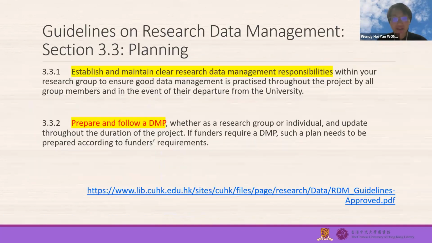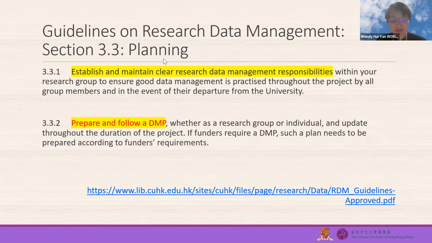There is a section in the guideline concerning the planning of the research data, that's 3.31, where you are advised to establish and maintain clear research data management responsibility within your research group.